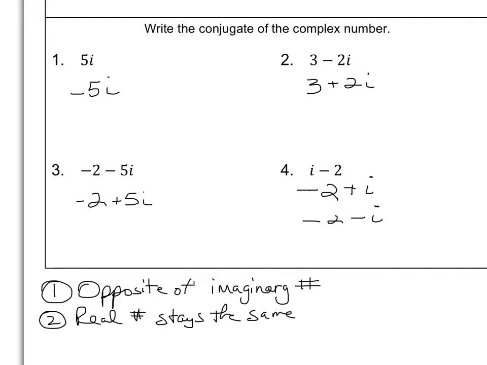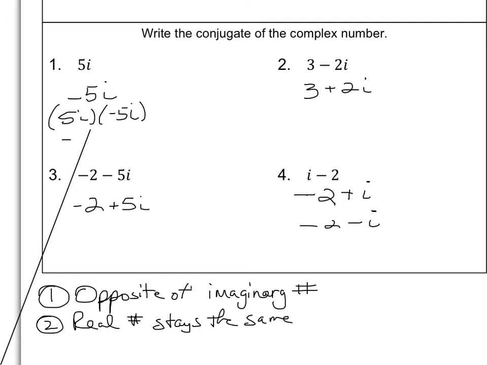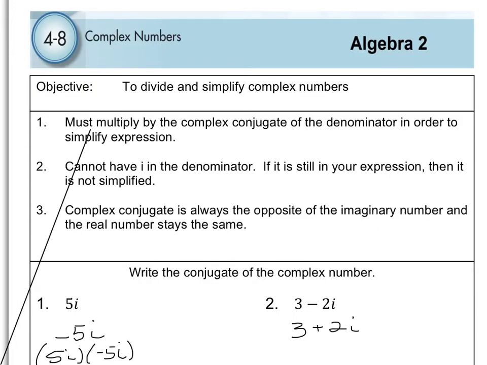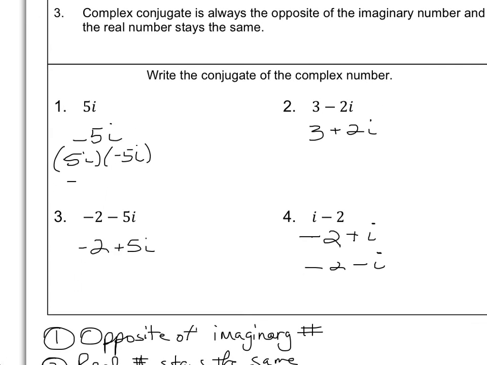For example, if I were to take these two up here on number 1, 5i and negative 5i, and multiply them together, I would end up with negative 25i squared.